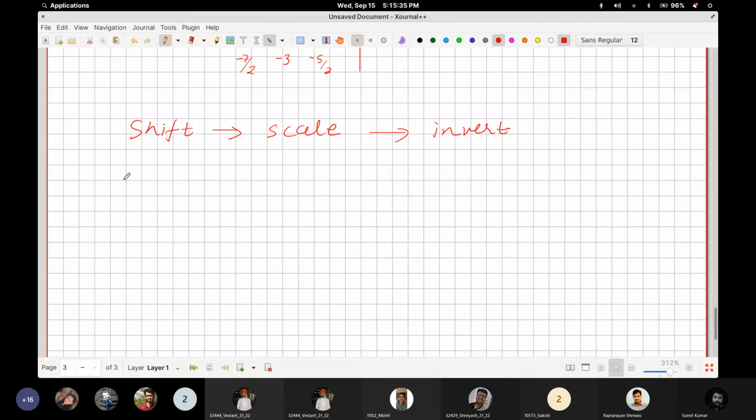Means if you have, let's say, x of minus 2t plus 3 divided by 7, something like that, you write it like this: x of minus 2 by 7 t plus 3 by 7. It should not be a combined joint operation here. Now you shift first, then you scale by 2 by 7, and then after that you invert. Is this clear?